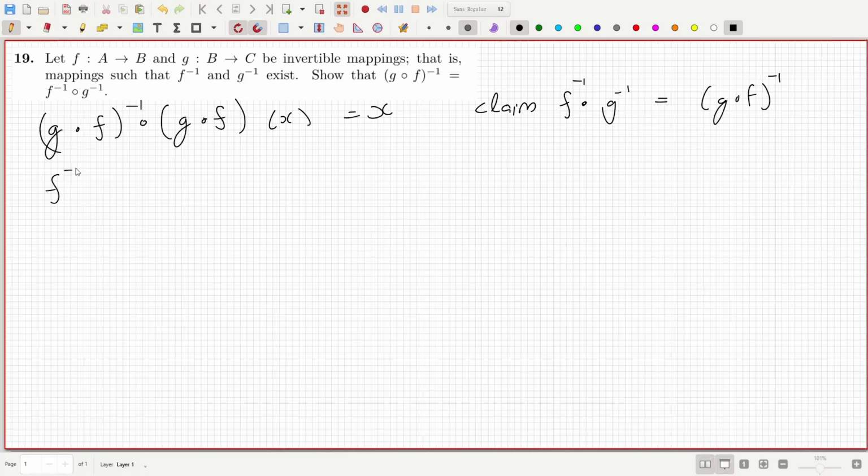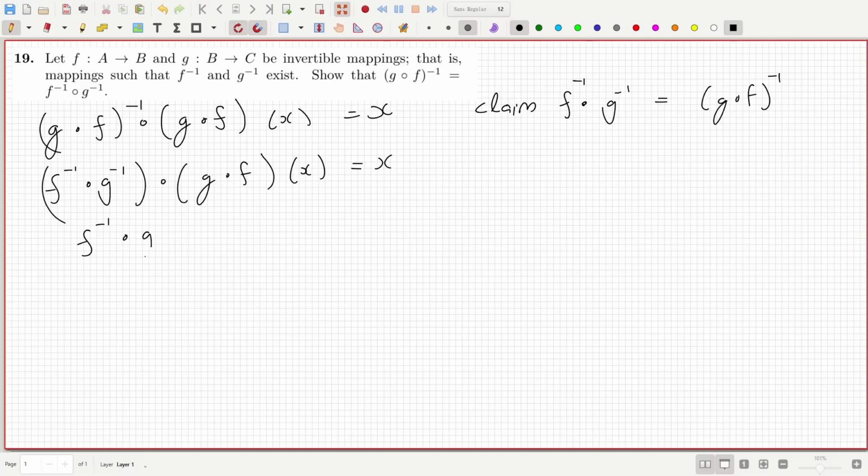So F inverse compose G inverse compose G compose F of X. That should equal X. Okay, so let's apply. Yeah, I see what's going to happen here. Because the inverse has gone from the brackets, actually the brackets have now become redundant.